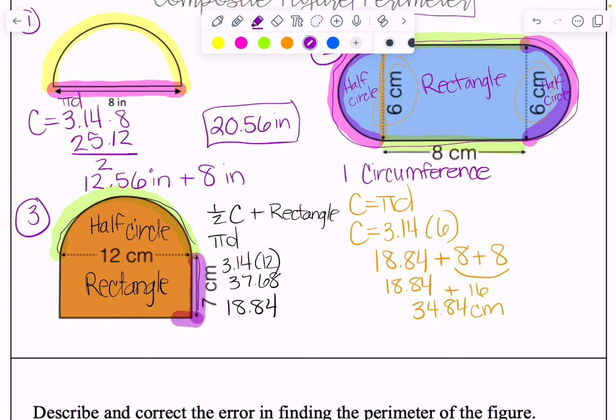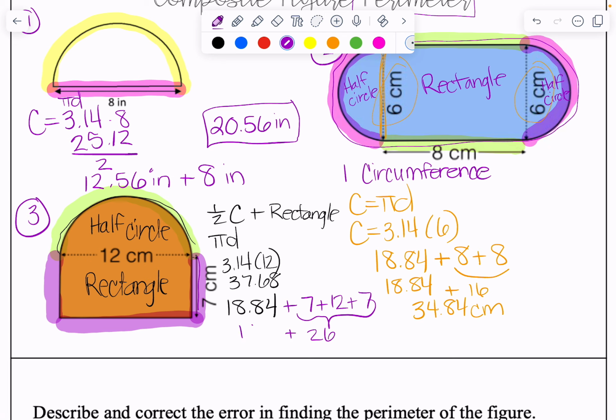So I have a 7, then I'll get this 12, and then one more 7. So I'm gonna be adding on 7 plus 12 plus 7, which altogether is gonna be another 26. And so we should get 44.84 centimeters as our perimeter.